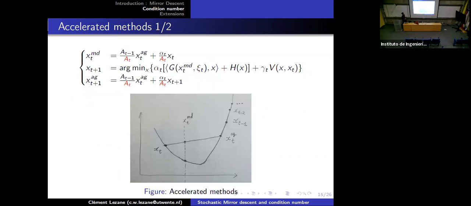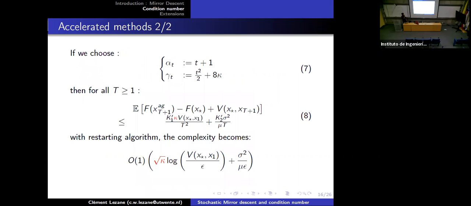So the idea of the accelerated method is you take the gradient not at the exact point, but at a convex combination of all the points before. If you choose the weights correctly, the algorithm will converge faster. This is the main idea. We can skip the proof.